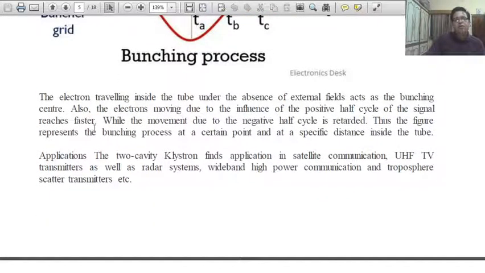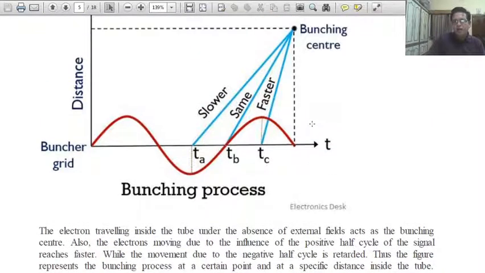Electrons moving under the influence of the positive half cycle of the signal reach faster, while those moving during the negative half cycle are slower. What we are seeing here is the positive half cycle, faster, and this is the negative half cycle.